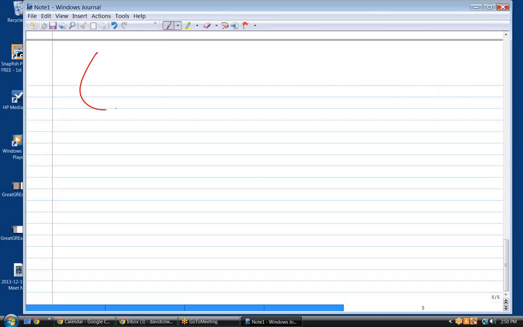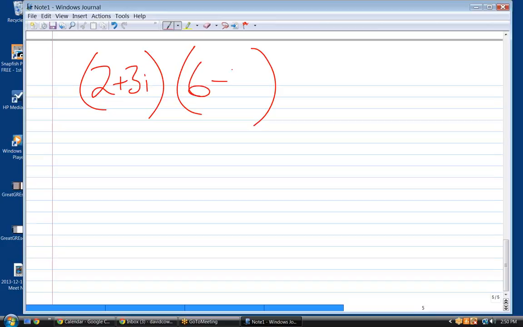We must have a multiplication there. Let's do a multiplication. That's this next one: 2 plus 3i times 6 minus 4i. Use FOIL. FOIL is the same thing as multiplying every term by every other term.